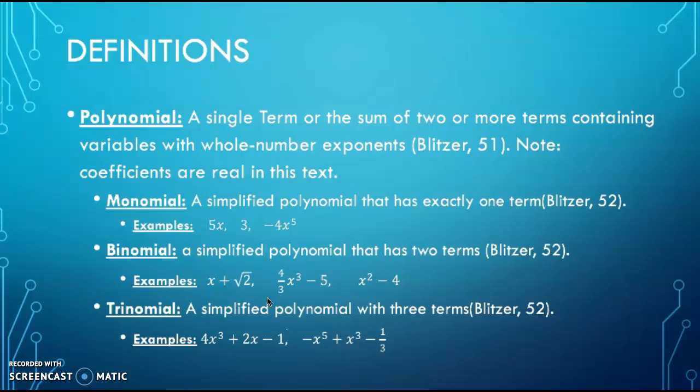And so when we're talking about a binomial, bi means 2, so we've got 2 terms for binomials. And then a trinomial, tri means 3, so a trinomial would have 3 terms. And of course, all 3 of these names fall under polynomials. And if you have anything more than 3 terms, we just simply call it a polynomial. Poly meaning many.